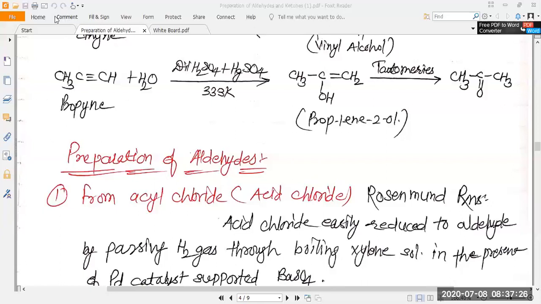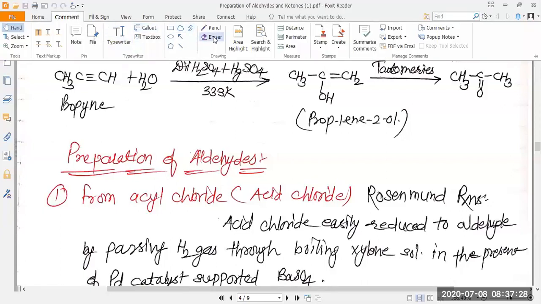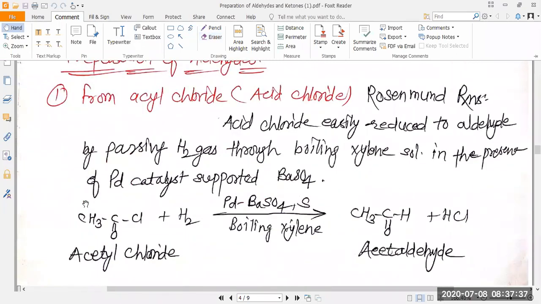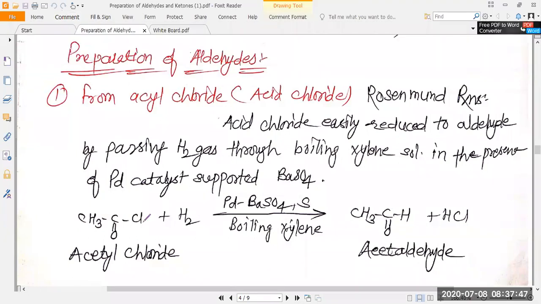Yesterday I explained the preparation of aldehyde from acyl chloride, and the reaction is the Rosenmund reaction. It is a very important reaction to form aldehyde from acyl chloride. In this reaction, acyl chloride is reduced in the presence of palladium and barium sulfate, in boiling xylene, and sulfur is also taken here.